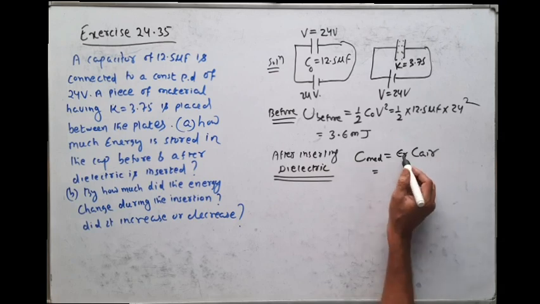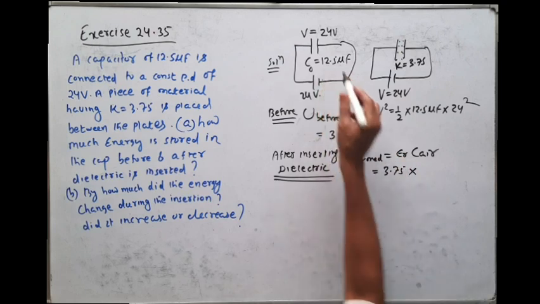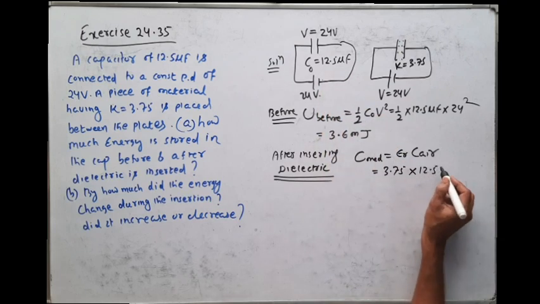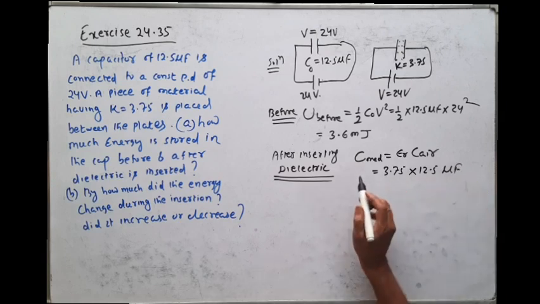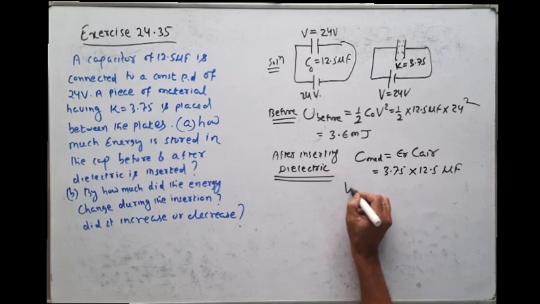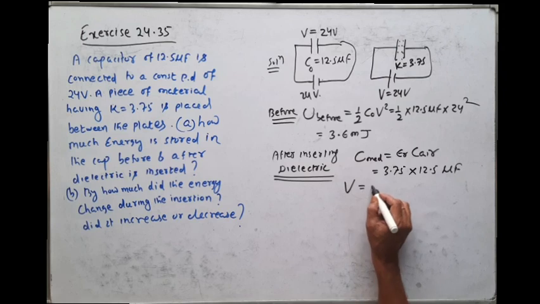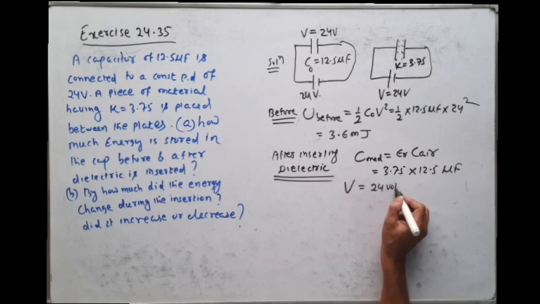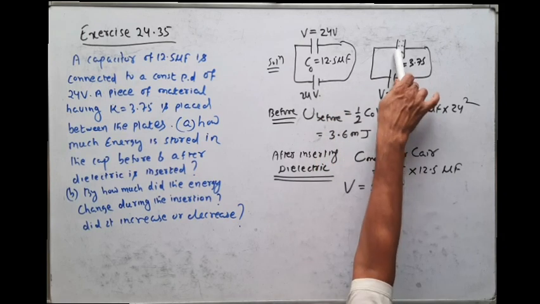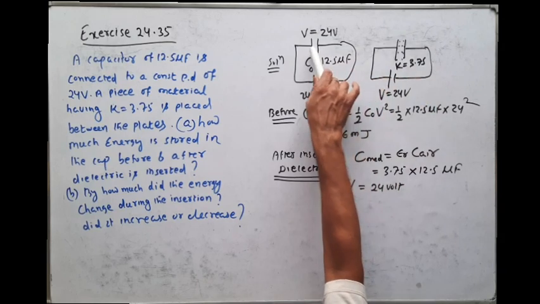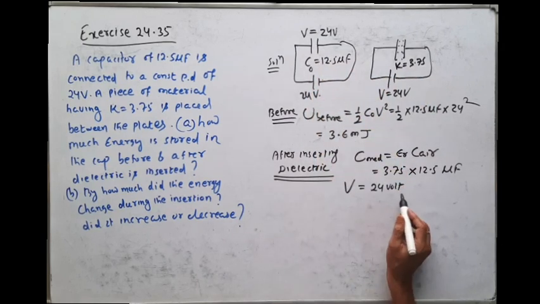So here dielectric constant or relative permittivity is given 3.75, and what was the initial capacitance? That is 12.5. So this is the capacitance after introducing the dielectric. Okay. Then what is the voltage across this capacitor? After inserting the dielectric, voltage remains same. We are not disconnecting the source. So voltage across this is same as that of previous.